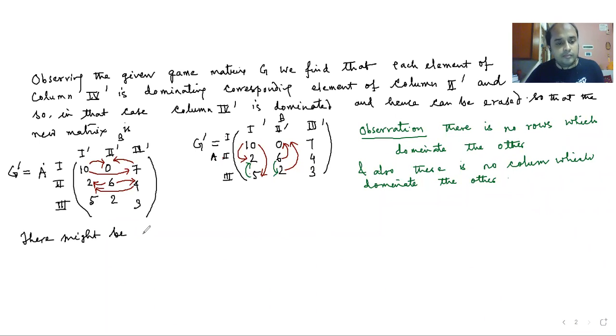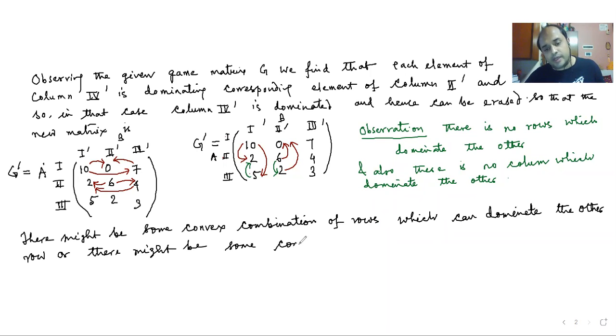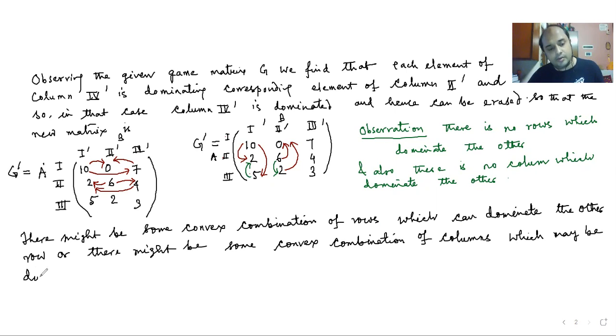some convex combination of rows which can dominate the other row, or there might be some convex combination of columns which may be dominated by another column.